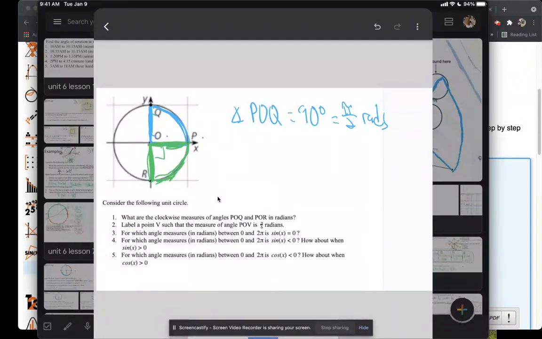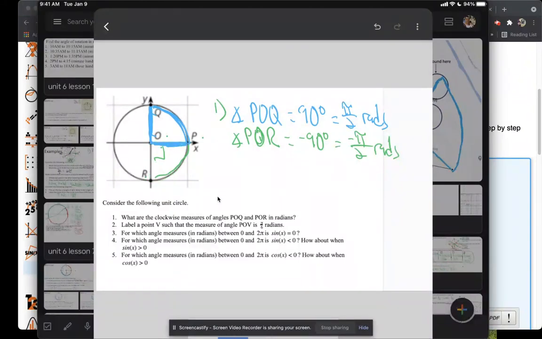So this is a 90-degree angle as well, but it's actually going to be a negative 90 because of the clockwise rotation. So angle POR is negative 90 degrees, which is negative pi over 2 radians. So this right here is your answer to number 1.